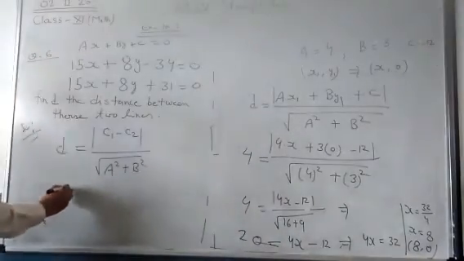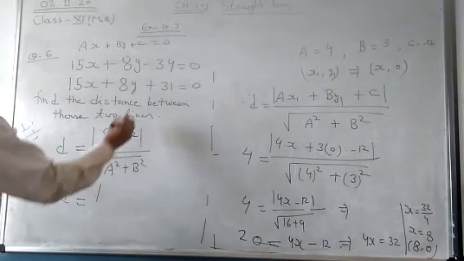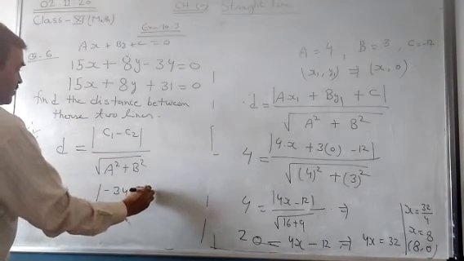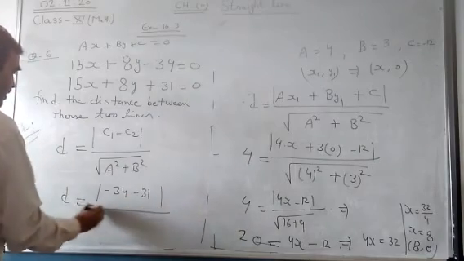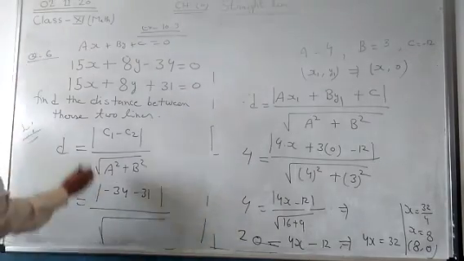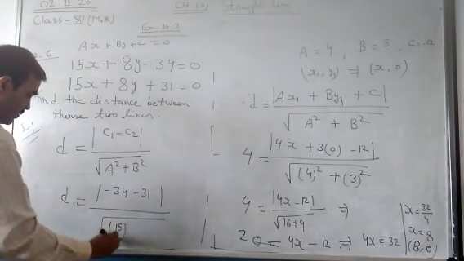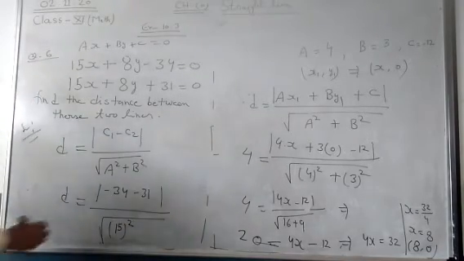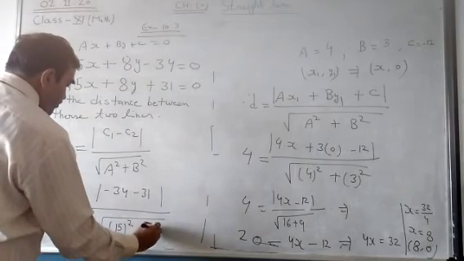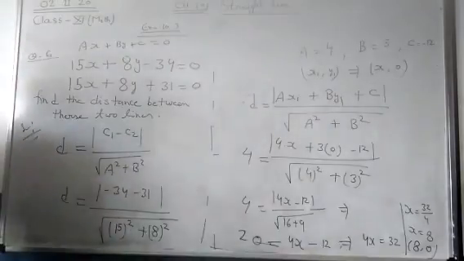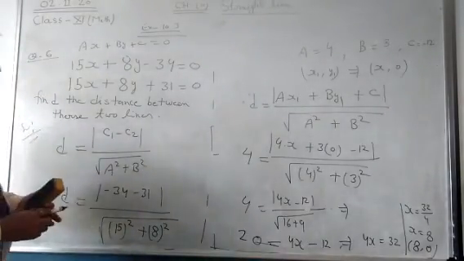So d equals |minus 34 minus 31| upon under root a square, 15 square plus b square, means 8 square.